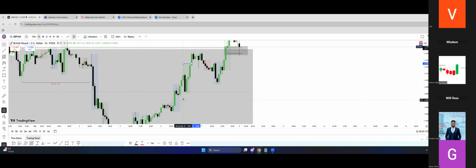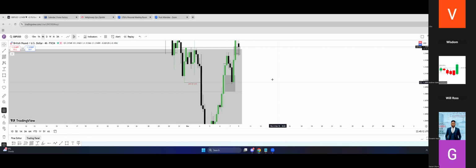So price did change state of delivery. Now you can say, okay, this is the other block that you want to trade from. Now, before we go there, let's look at the 4 hour.